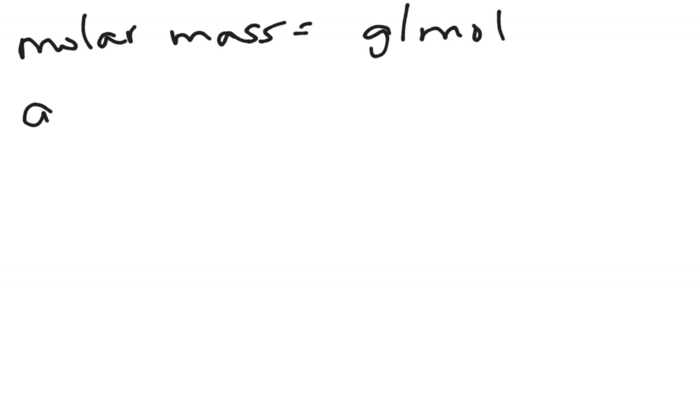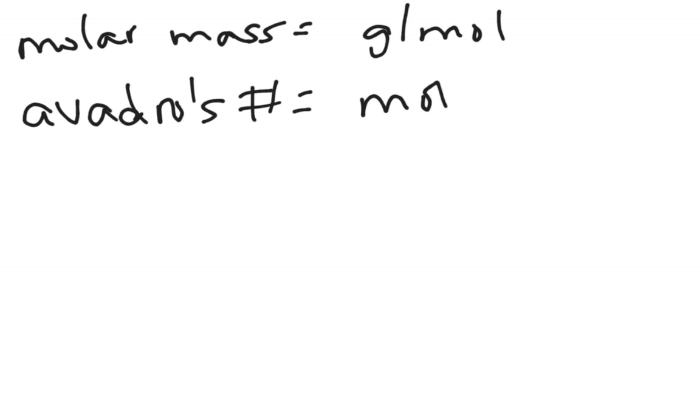We have Avogadro's number, which is moles per particle, or particles per mole, either way. And remember, particles would be your atoms, electrons, neutrons, protons, molecules, compounds, anything really small.